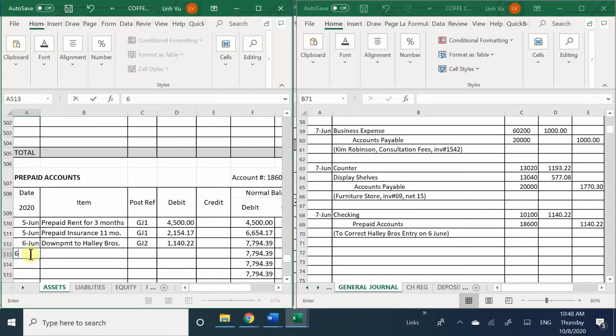And then I'm going to write here void check number 1506. All right, and I'm going to write here wrong amount, AMT. Okay. And then general journal number 2.